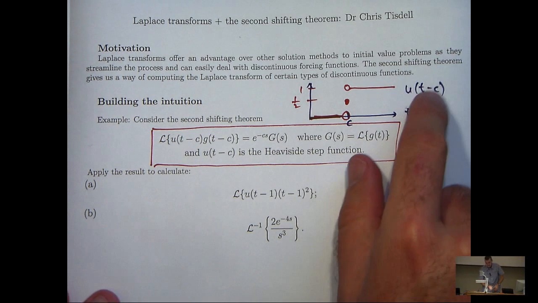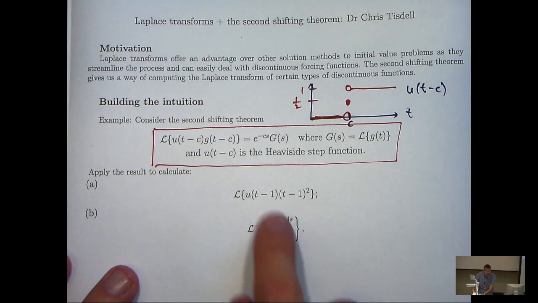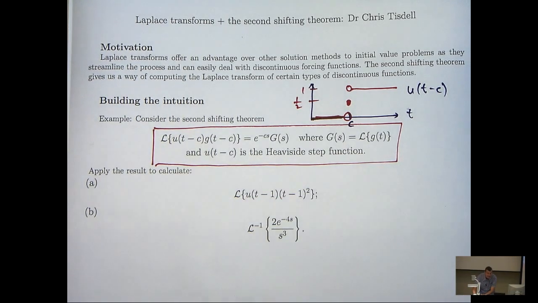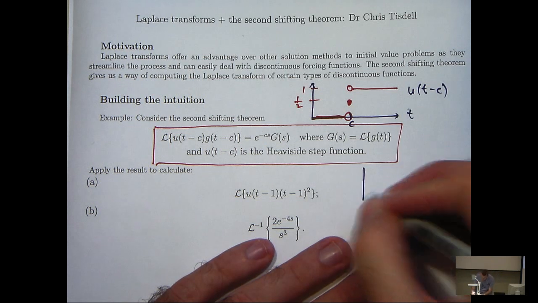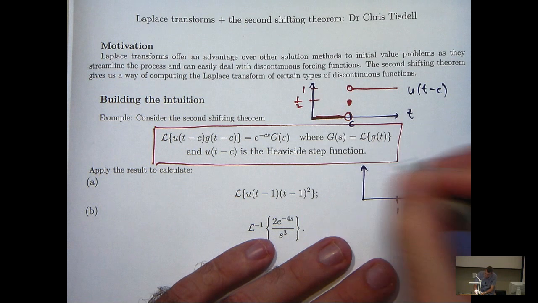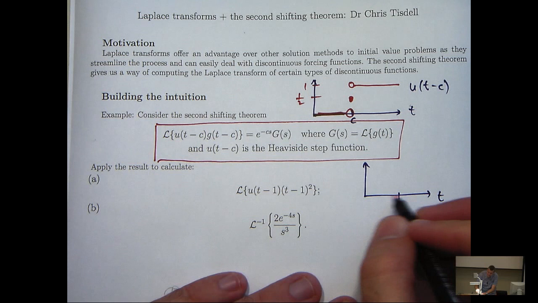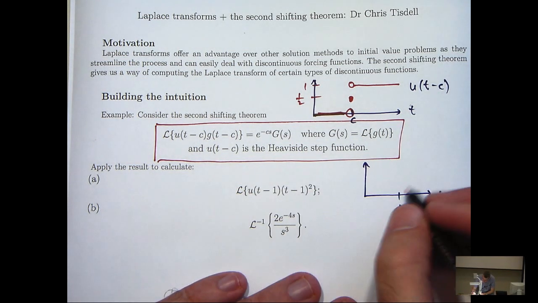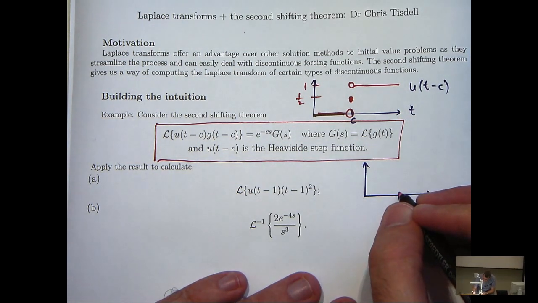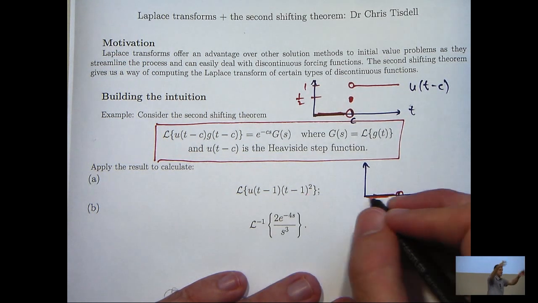Now, when we multiply this Heaviside step function by another function, you can think of this multiplication switching the function on and off. So in this case, the graph would look something like this. To the left of 1, this is just 0, so we're going to get this here as our product.